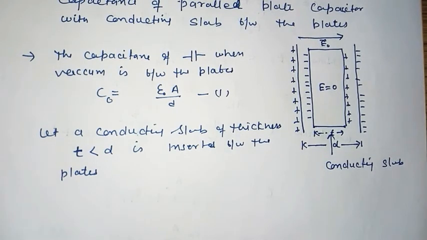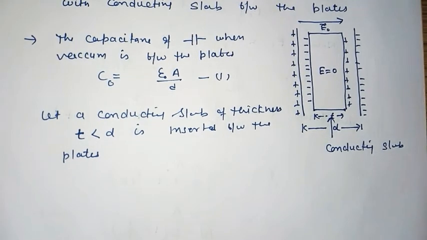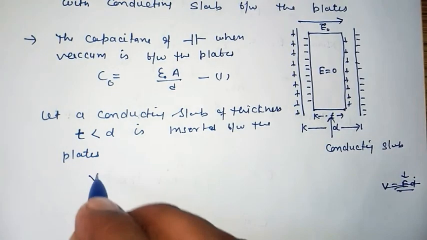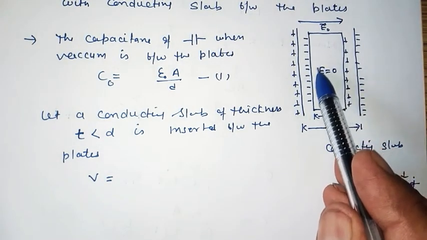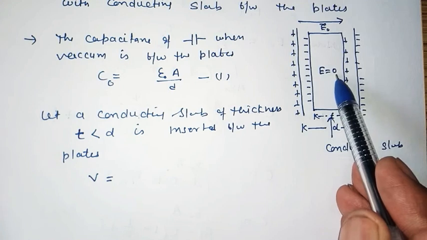So now what will happen? We have to find the potential. As we already discussed in the earlier video, V equal to what? E D, that is, electric field into distance. So V equal to, inside the conducting plate the electric field is 0.